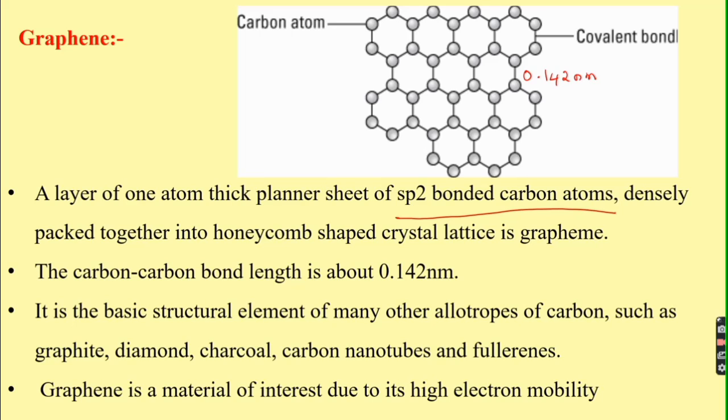It acts as a basic structure in other allotropic forms of compounds that exist as two-dimensional planar sheets. Graphene is a flat monolayer of carbon atoms tightly packed into a two-dimensional honeycomb lattice.